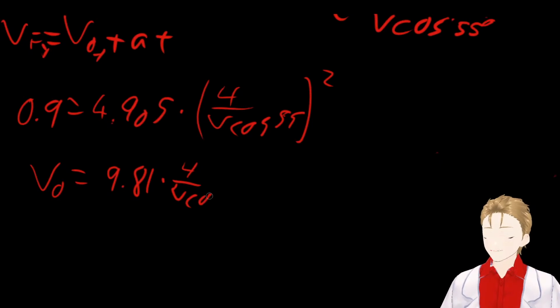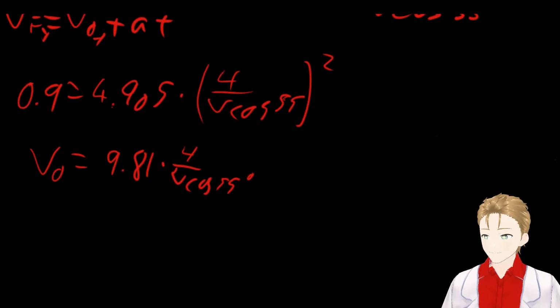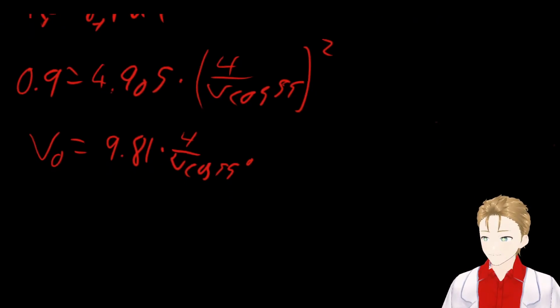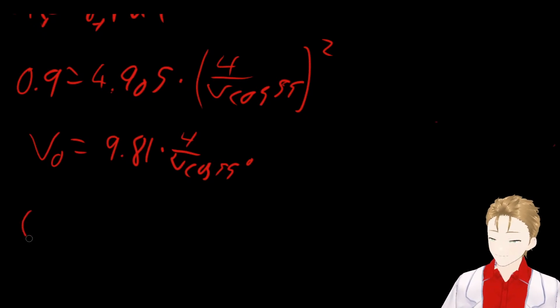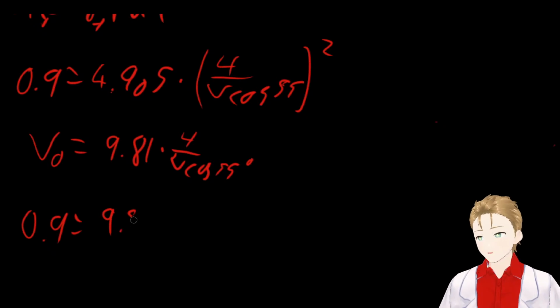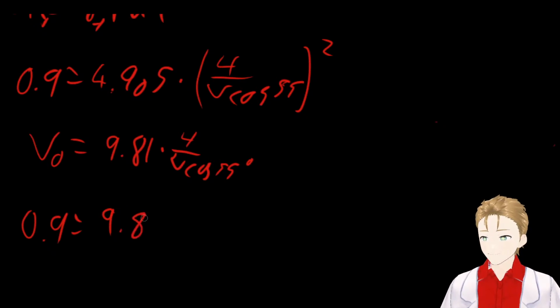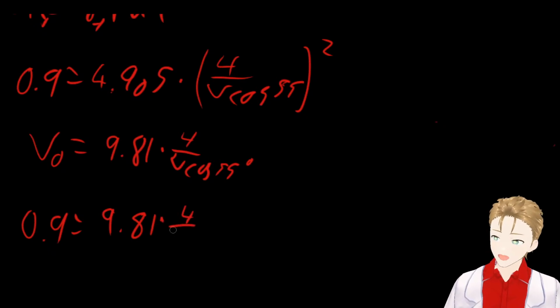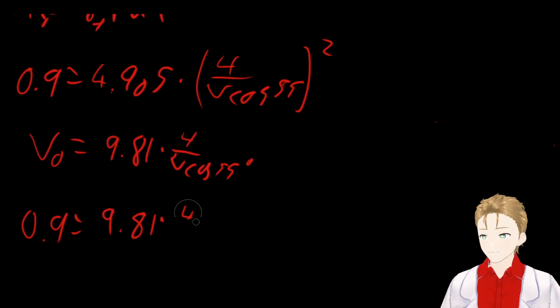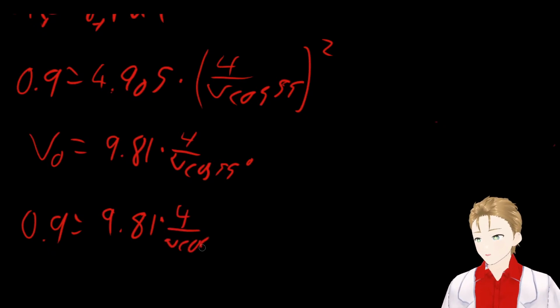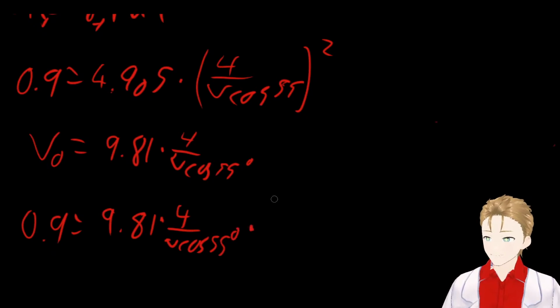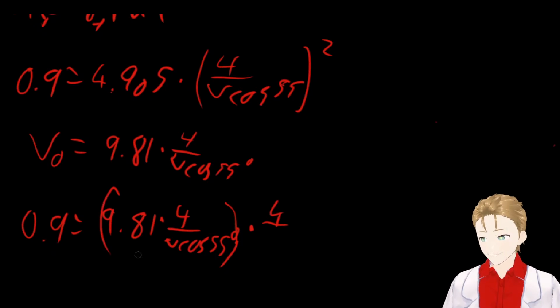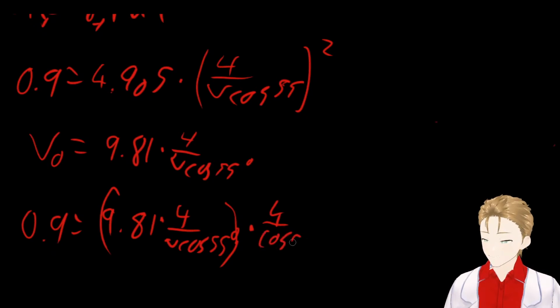So, what if 5.9, 9.81, 9.81 times 4 over 3 cosine 5 degrees times 4 cosine 5 degrees.